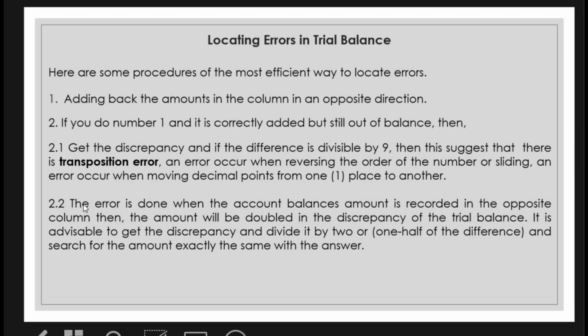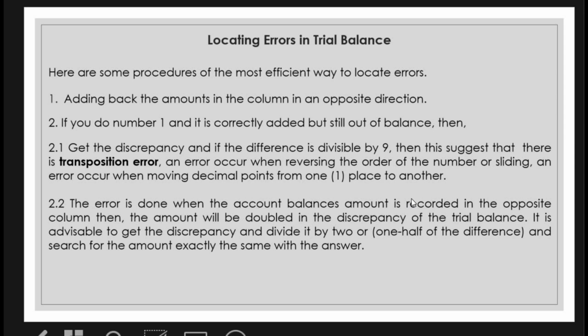So 2.2, the error is done when the account balance amount is recorded in the opposite column. Then the amount will be doubled in the discrepancy of the trial balance. So it is advisable to get the difference of the discrepancy and divide it by 2, or half of the difference, and search for the amount exactly the same as the answer.